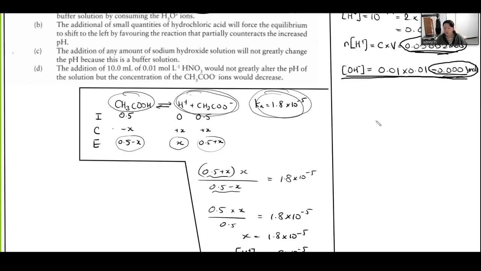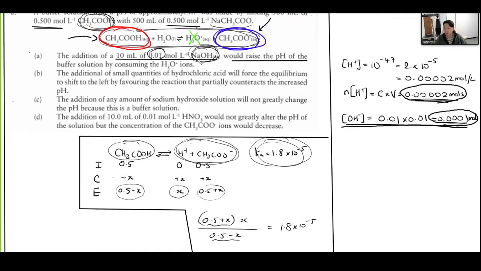All right. So when you are dumping your sodium hydroxide, of course that outnumbers the number of hydrogen ions, but before these guys can eat out these tiny numbers of hydrogens, these guys will be eaten out by the acid here.